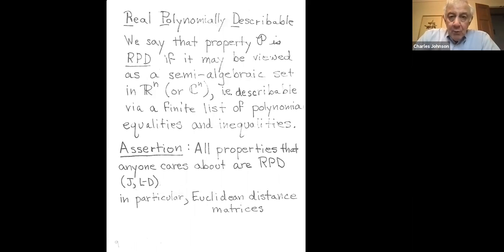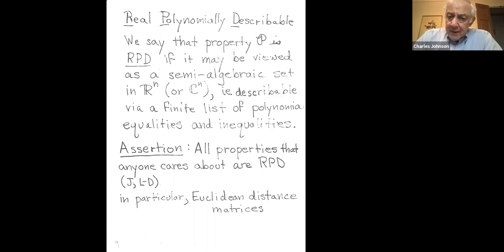Okay, now, I want to define a notion, and I don't know if this is the best name, but I've used real polynomially describable to say that the property P is real polynomially describable if it can be viewed in the space of all matrices as a semi-algebraic set. So I should have said Mn of R or Mn of C here, I guess, instead of Rn and Cn.